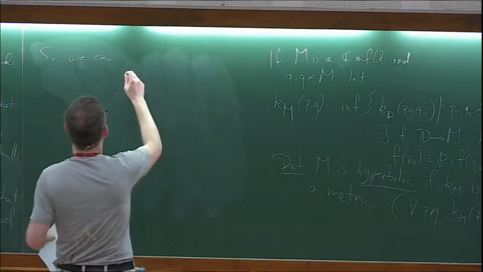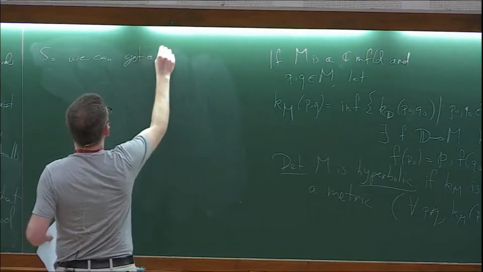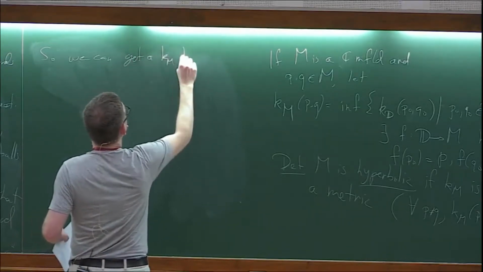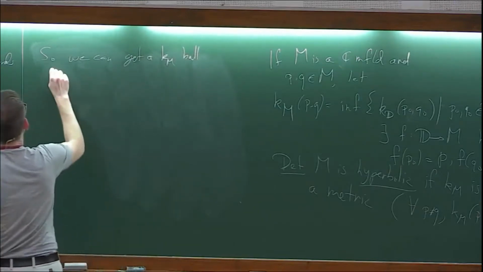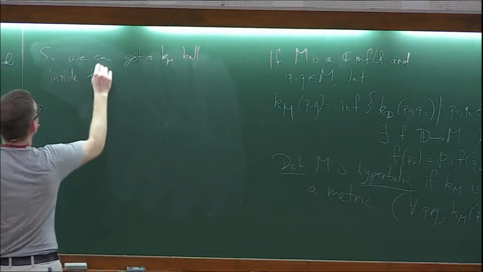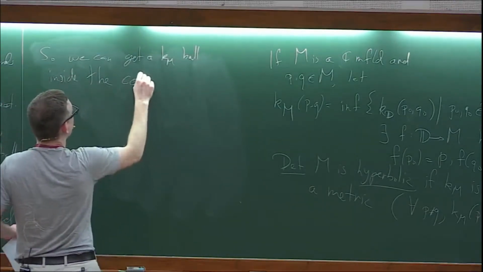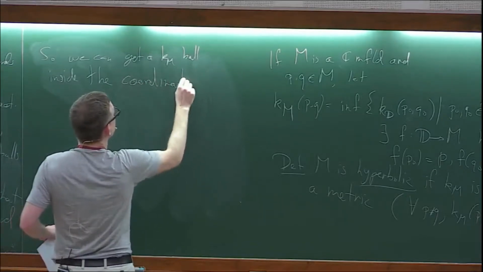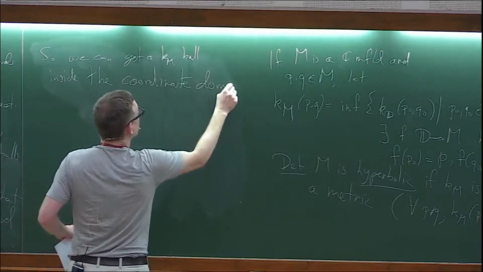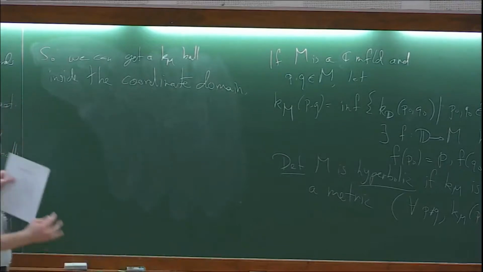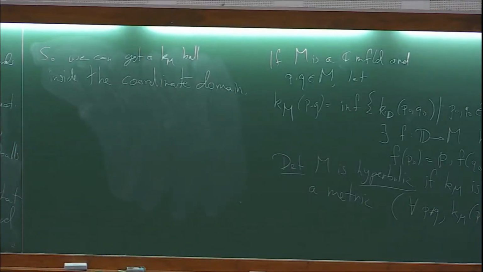So we can get a Kobayashi ball inside the coordinates, the coordinate domain. Okay, so we can find a Kobayashi ball because they're small. I can get them to be as small as I like, so I can fit one inside the coordinate domain.